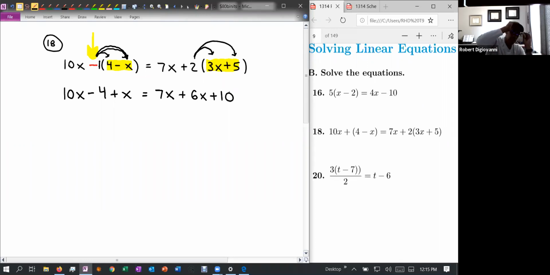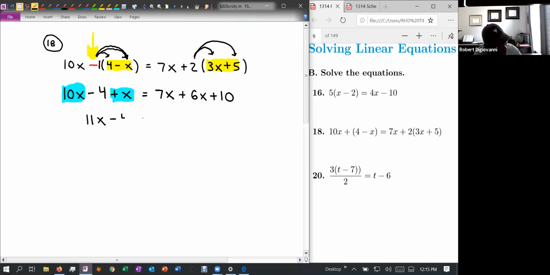So I've done the first step of trying to simplify, right? Now I need to collect like terms. So on the left side, we can actually collect some things together because we have 10 x's here and we want to add an x to it. So 10 x's, take and add one more x, we should get 11 x's.